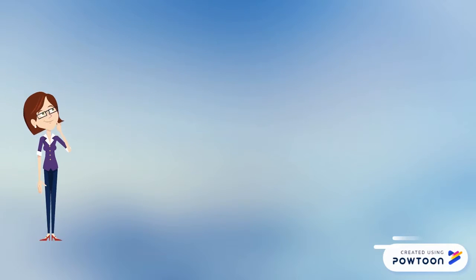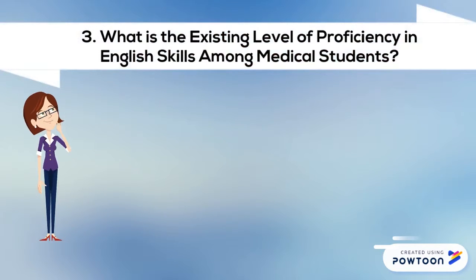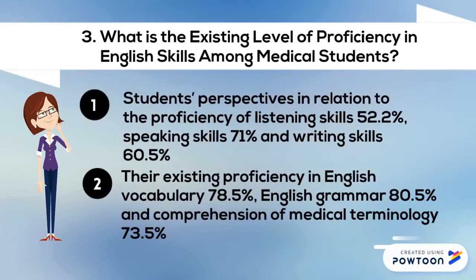The third research question is, what is the existing level of proficiency in English skills among medical students? Students' proficiency in listening skill is 52.2%, speaking skills 71%, and writing skills 60.5%.